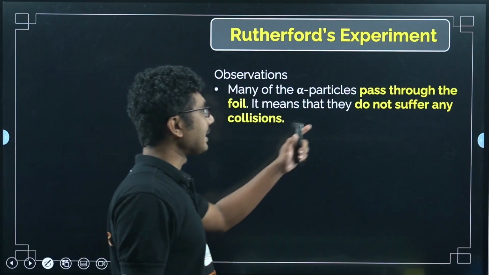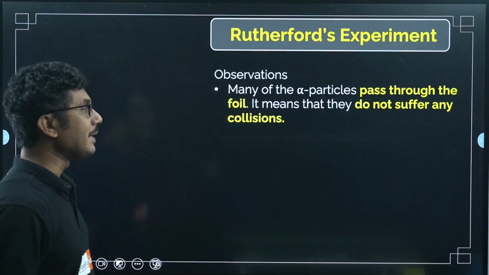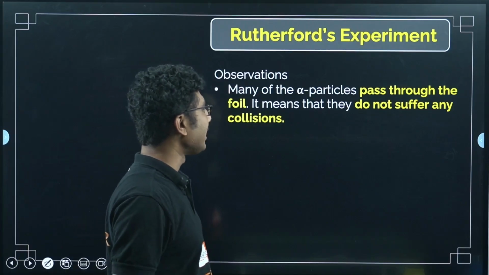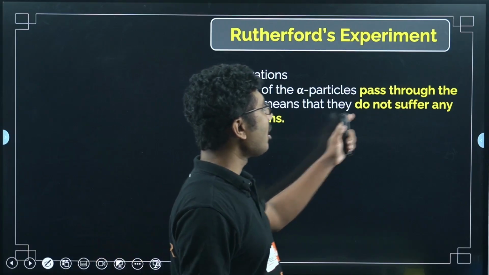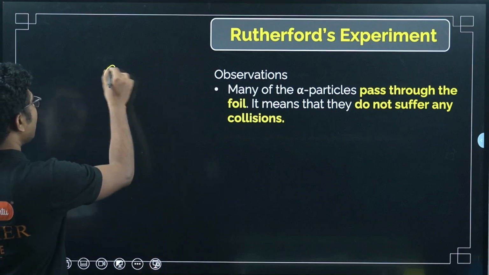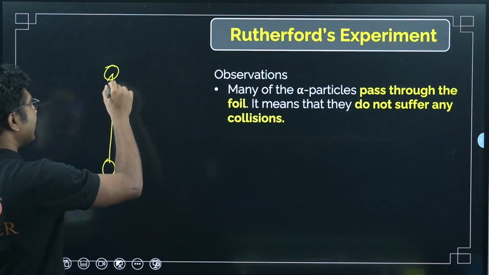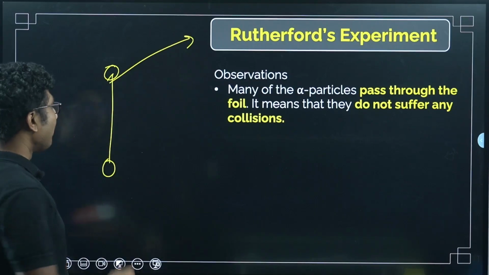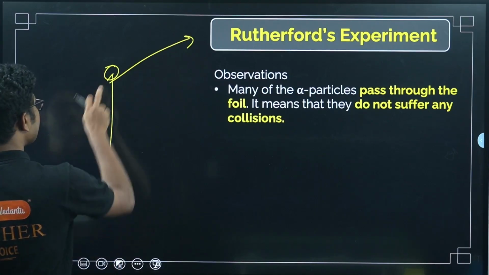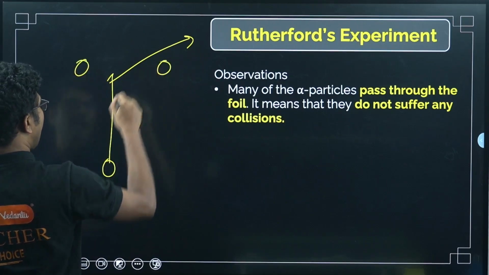Many of the alpha particles pass through the foil. As I explained, many of the alpha particles pass through the foil. It means that they do not suffer any collisions. If there is an object here and you are throwing a ball, only if it collides will it change direction. Suppose there is one ball here, one ball there, and you are throwing.